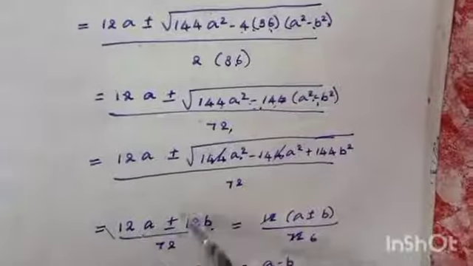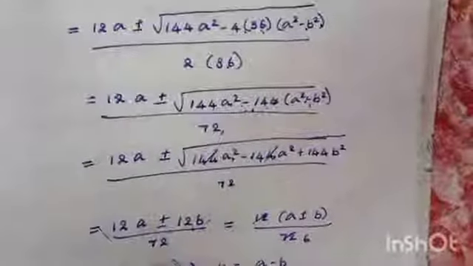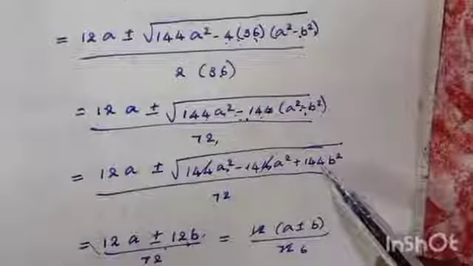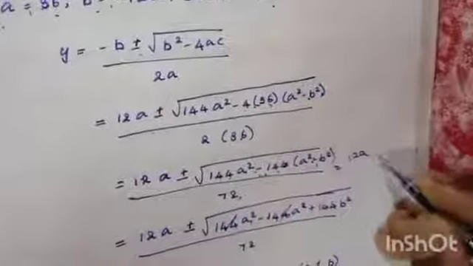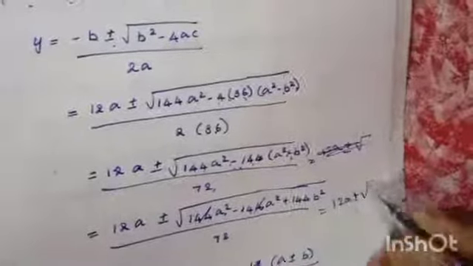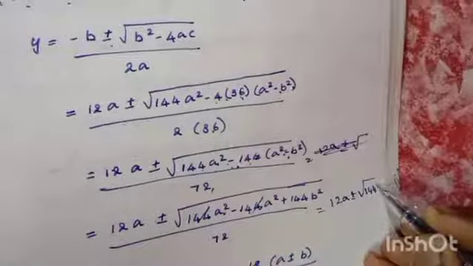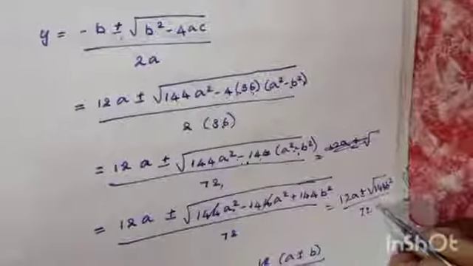That is 12a plus or minus 12b, whole divided by 72. For here you write 12a plus or minus square root of 144 b square, whole divided by 72.